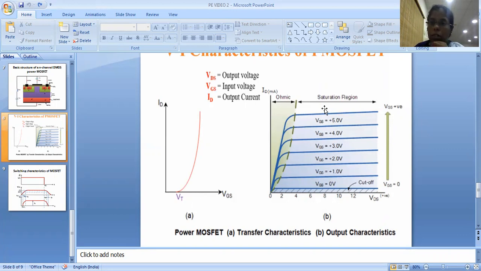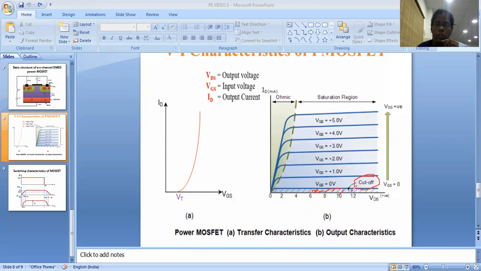And you can see here, this is the characteristics of the MOSFET, where, as we discussed for the BJT, here also we have three regions. One is our cutoff region. So you can see that here we have the cutoff region. Whenever you operate the MOSFET as a switch, and when you want to turn off that switch, that is an off state, you should operate in the cutoff region.